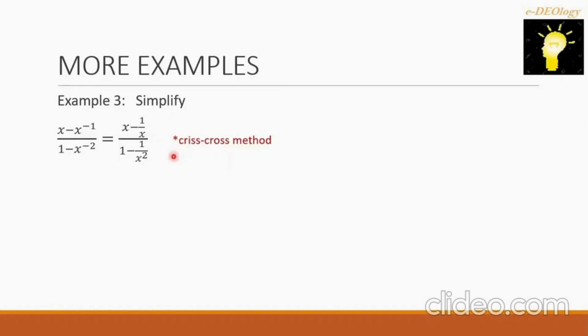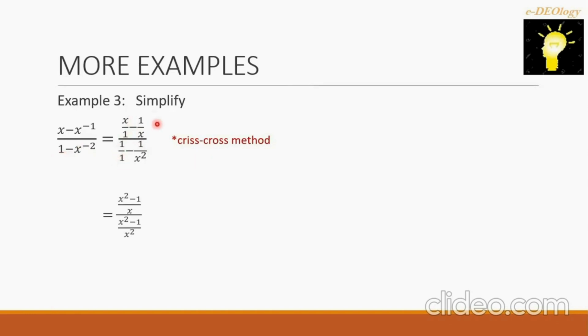Next, we're going to apply the crisscross method for the numerator and the denominator. If you're not familiar with the crisscross method, you can see our video on addition or subtraction of unlike fractions. We can show now that the x has denominator 1 and also this one has denominator 1.